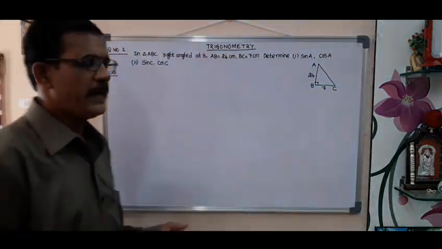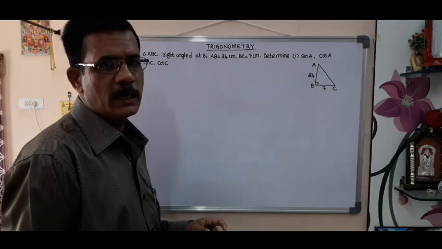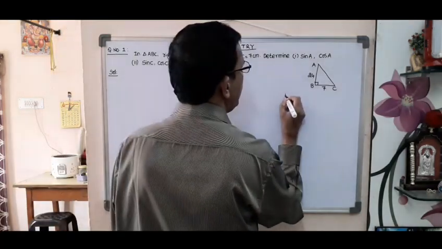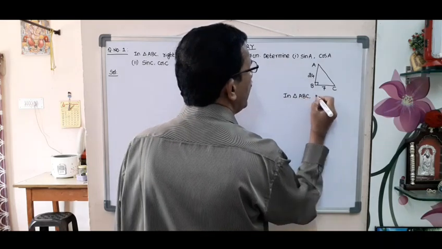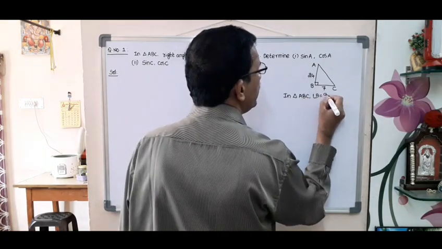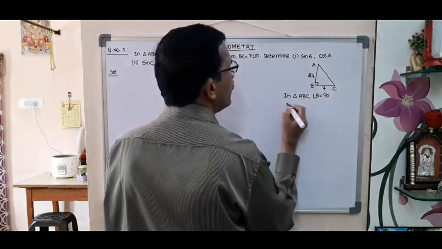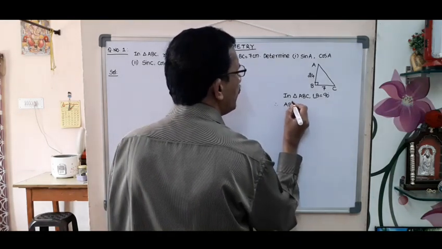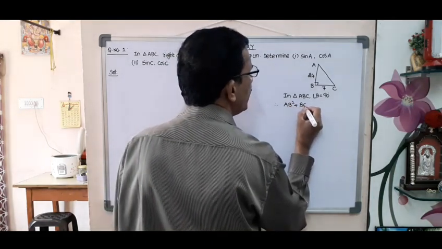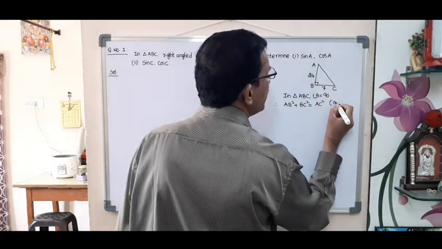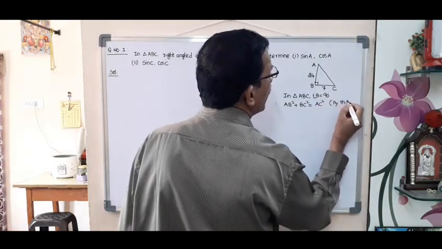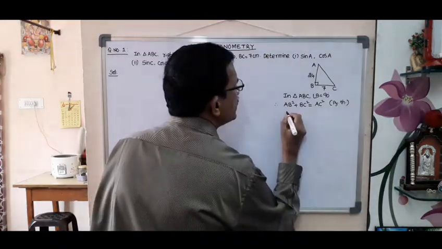So first let us find AC using Pythagoras theorem. In triangle ABC, angle B is equal to 90 degrees. Therefore, AB square plus BC square is equal to AC square. It is Pythagoras theorem. AB value is 24.